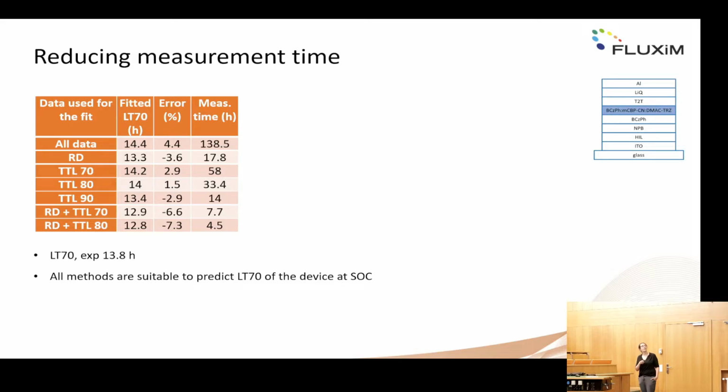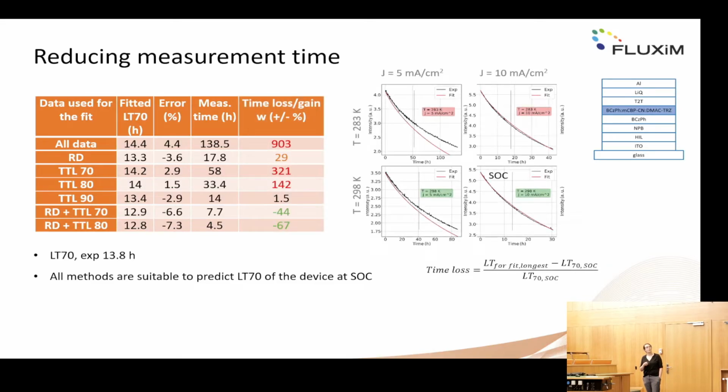You can also see that the measurement time is now completely different. If you use all the data for the fit, you have to wait 140 hours. If you use only the reduced data and the TTL80, you get your LT70 already in 4.5 hours. So this is what we then calculated. You actually see that only by combining both methods, in this case, you can actually save some time.